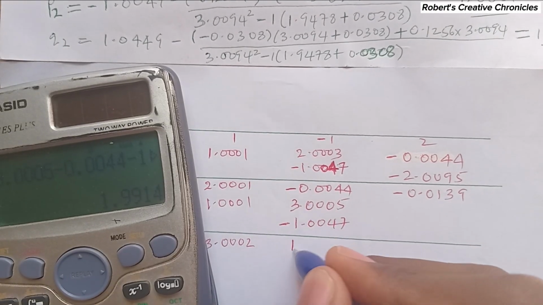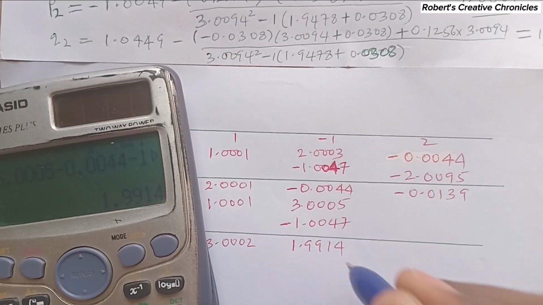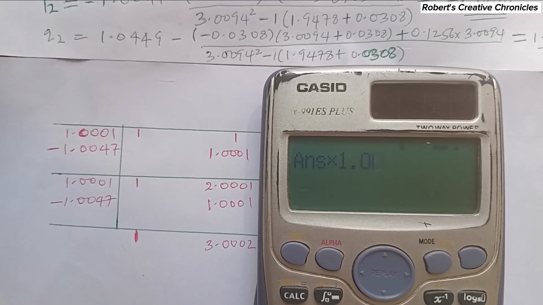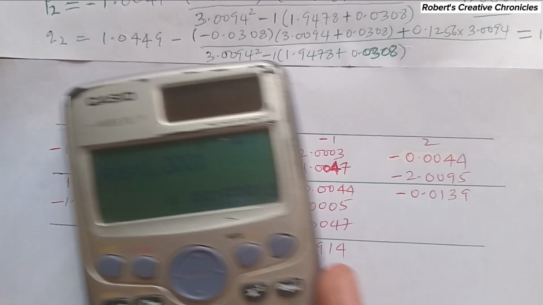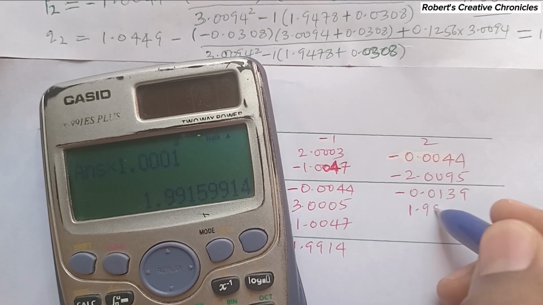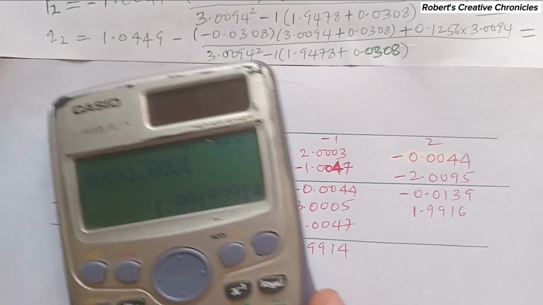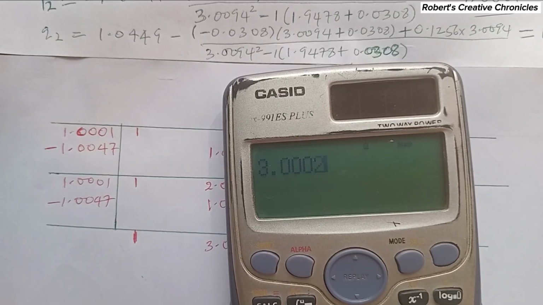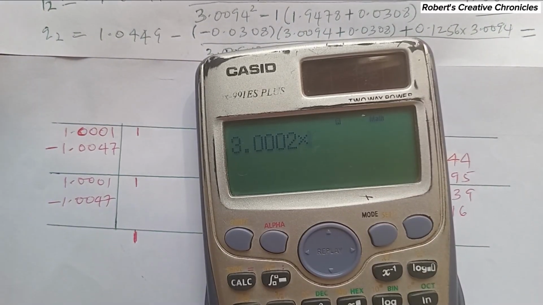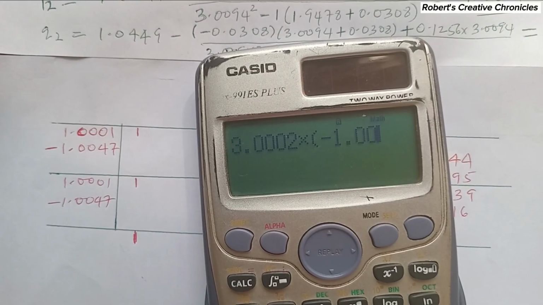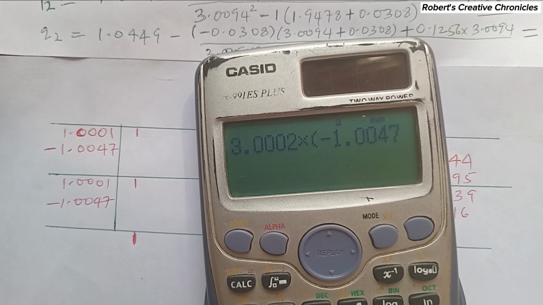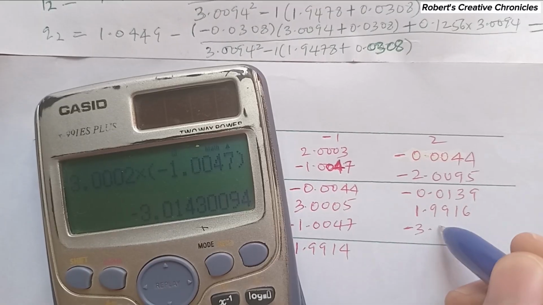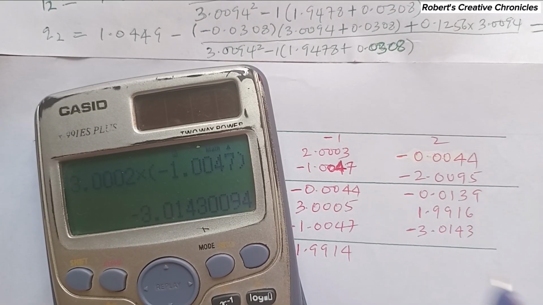This 1.9914. Then this 1.9914 times this one is 1.9916. Then this times this one is what? This is negative 3.0143.